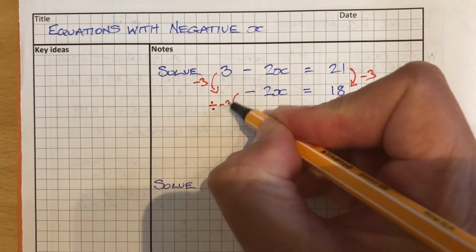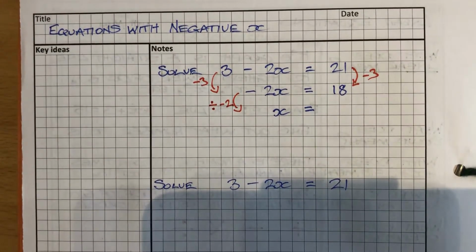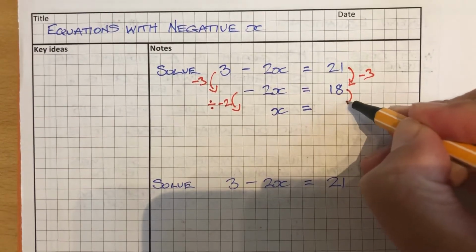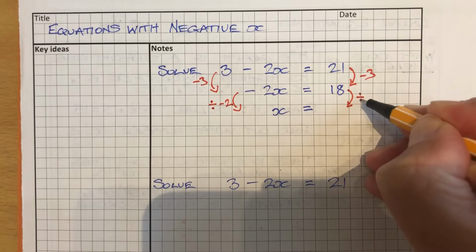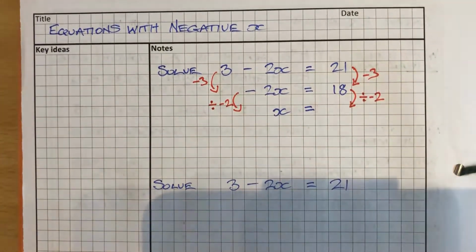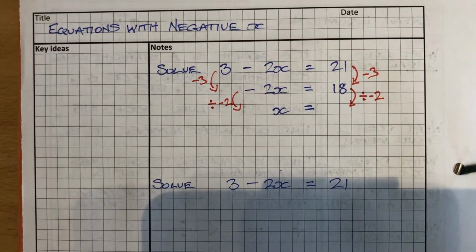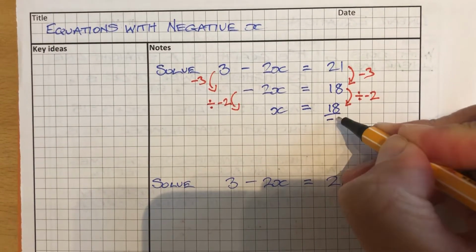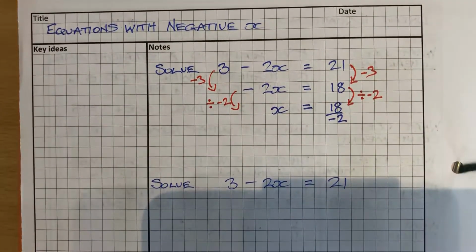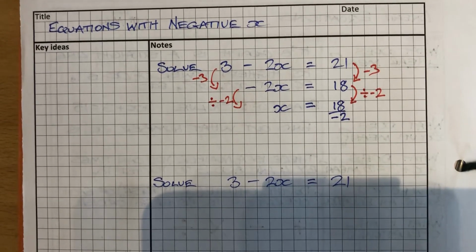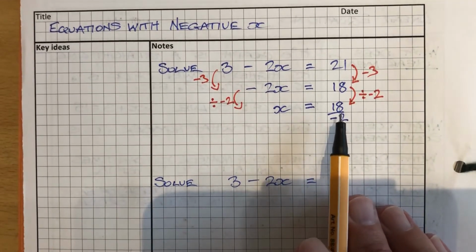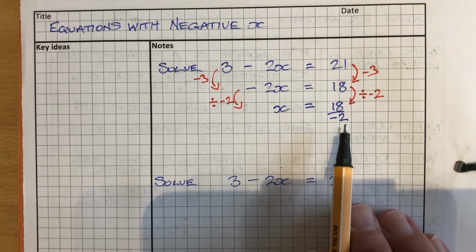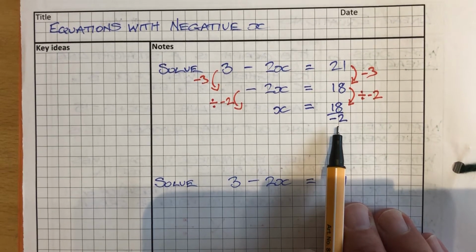You divide by negative 2. If you divide by negative 2 on this side, you divide by negative 2 on this side. And I'm going to write that algebraically so that the examiner can see that I know what I'm doing. So x is 18 divided by negative 2.